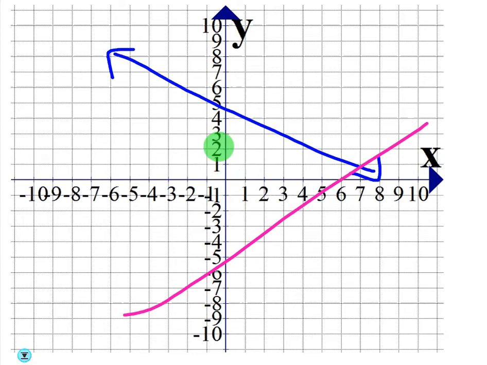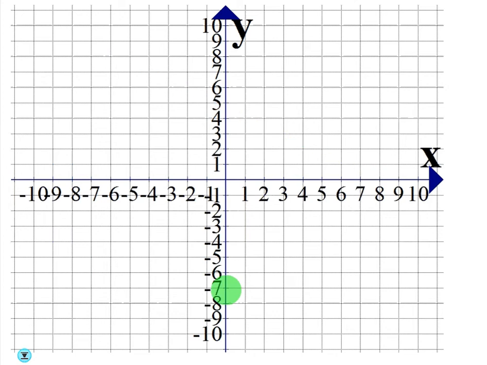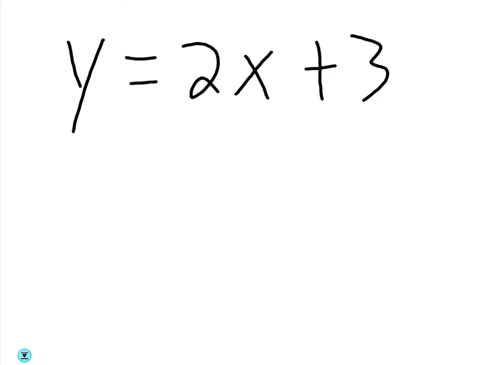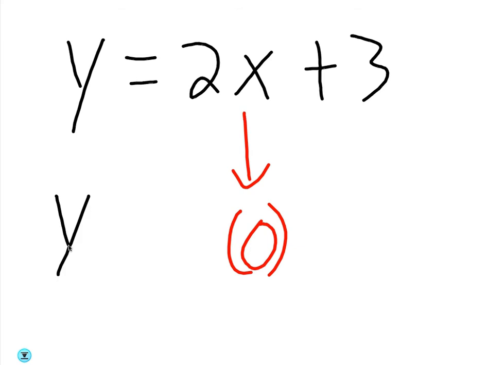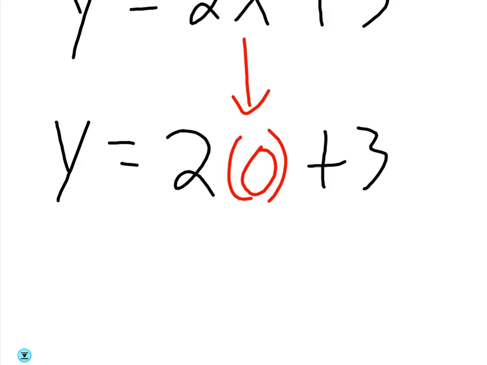With that being said, we can use that concept to figure out the y-intercept for this equation. What do you think is going to go in place of the x? 0. If you're trying to find the y-intercept, just plug in 0 for x. 2 times 0 equals?